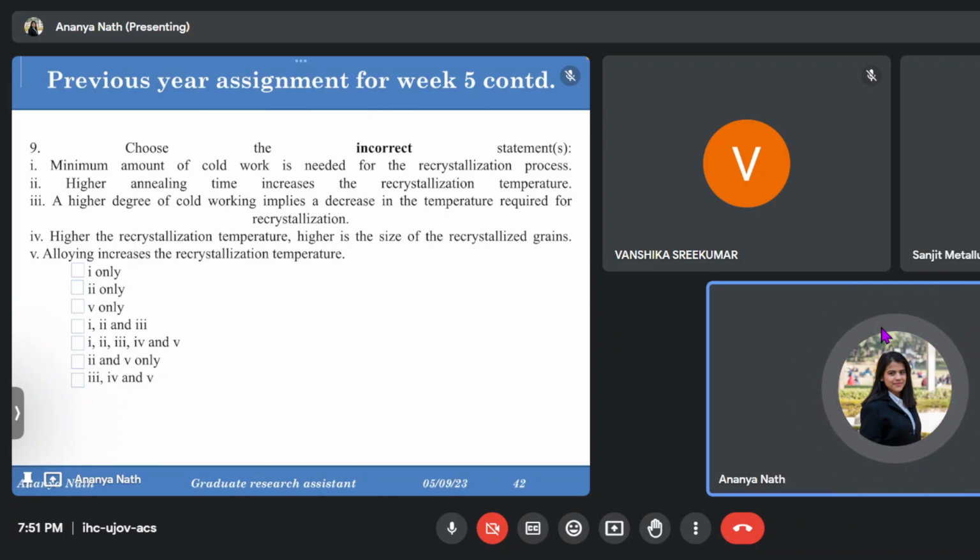The statements are: minimum amount of cold work is needed for the recrystallization process; higher annealing time increases the recrystallization temperature; a higher degree of cold working implies a decrease in the temperature required for recrystallization; higher the recrystallization temperature, higher is the size of the recrystallized grain; alloying increases the recrystallization temperature. What will be the answer? What do you think?